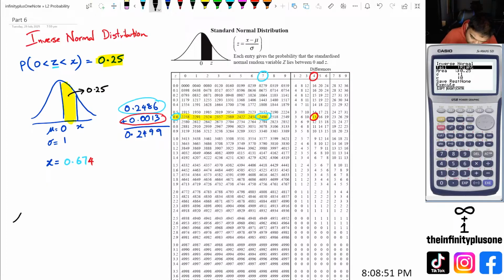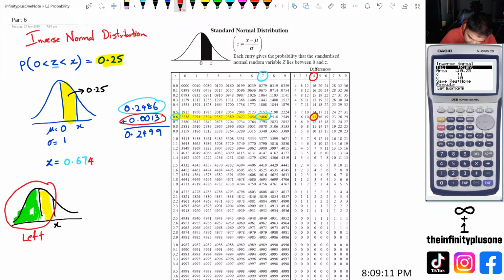If you're going to go with the left tail, remember that this is x right now, and this is 0.25, but the green part is actually 0.5. So the left tail is this part here, and that's equal to 0.75, because you've got 0.5 here and 0.25 there. The other version you could do is the right tail.